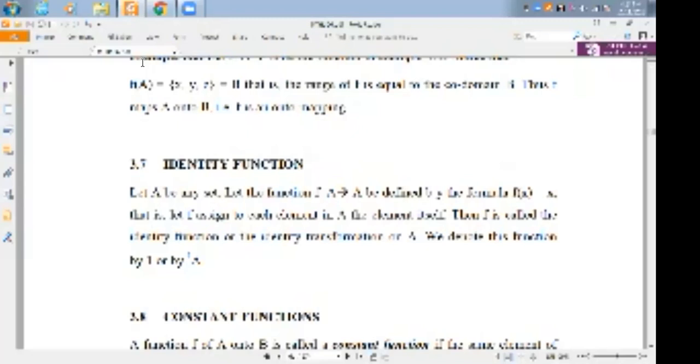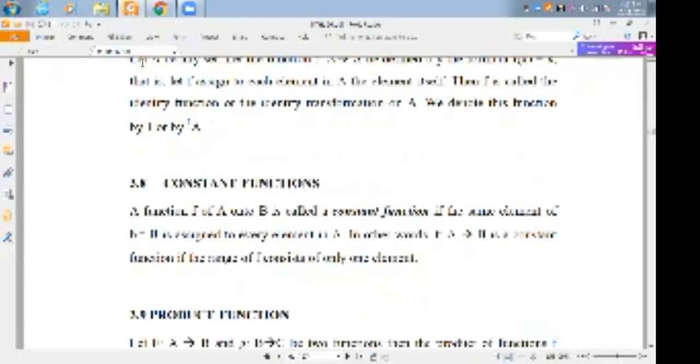So element of set A is being mapped to element of set A from the right-hand side. That's what we call identity mapping. That is your domain is set A, your codomain is also set A. That means we're expecting them to have the same element. So in that case, is what we call identity mapping. That is a set A mapped to a set A is what we call identity mapping.